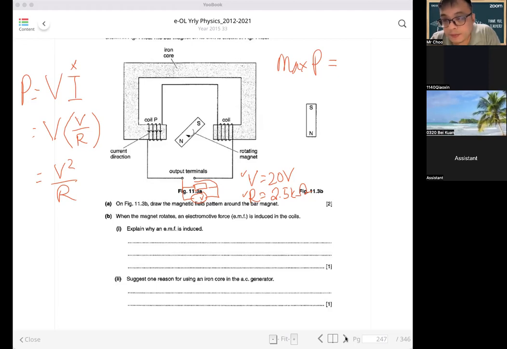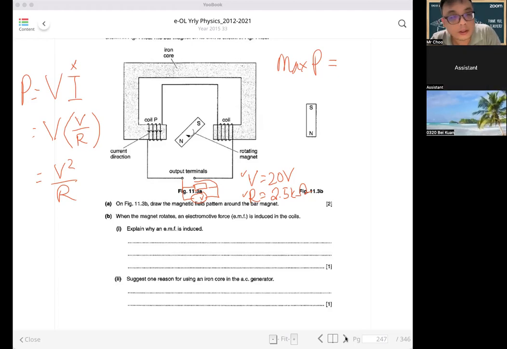Joule is energy. Okay, Qiao Xing, you may go. Pei Kuan, your answer now. Basically you will get 20 square over 2,500. You will get 0.16 watt.